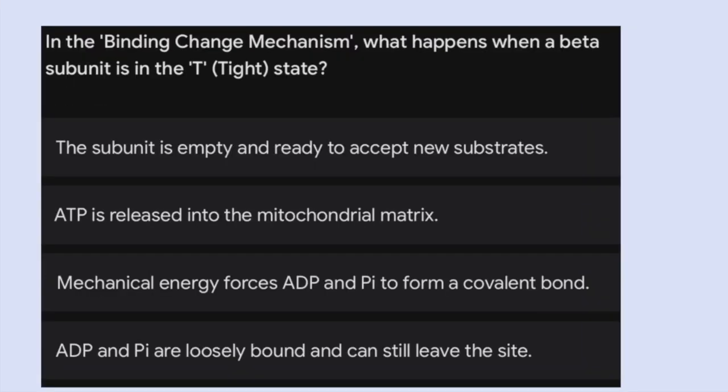This is the binding change mechanism. What happens when a beta subunit is in the tight state? Does ATP get released into the mitochondrial matrix, or is the subunit empty and ready to accept new substrate, or does mechanical energy force ADP and phosphate to form a covalent bond, or are ADP and phosphate loosely bound and can still leave the site?